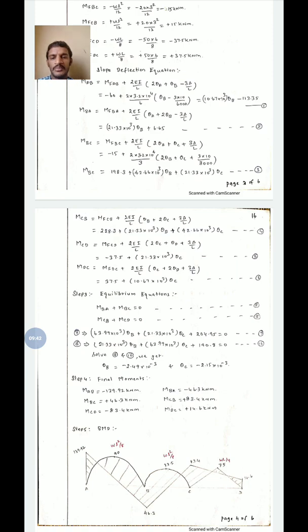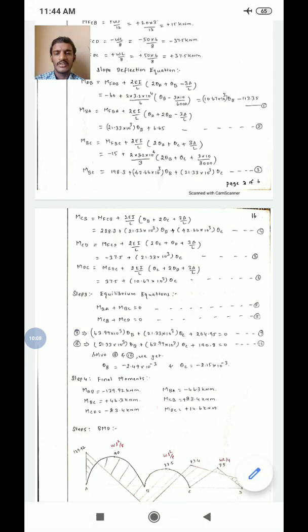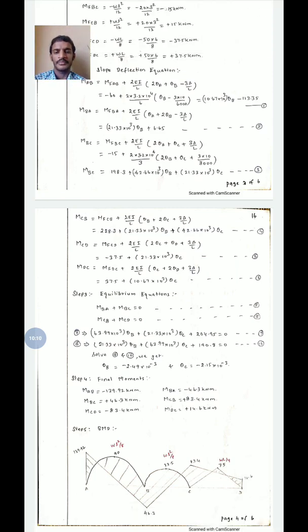Final moments: MAB is equal to minus 139.92 kilonewton meter, MBA is minus 46.3 kilonewton meter, MBC is equal to plus 46.3 kilonewton meter, MCB is equal to 83.4 kilonewton meter, MCD is equal to minus 83.4 kilonewton meter, MDC is 14.6 kilonewton meter.